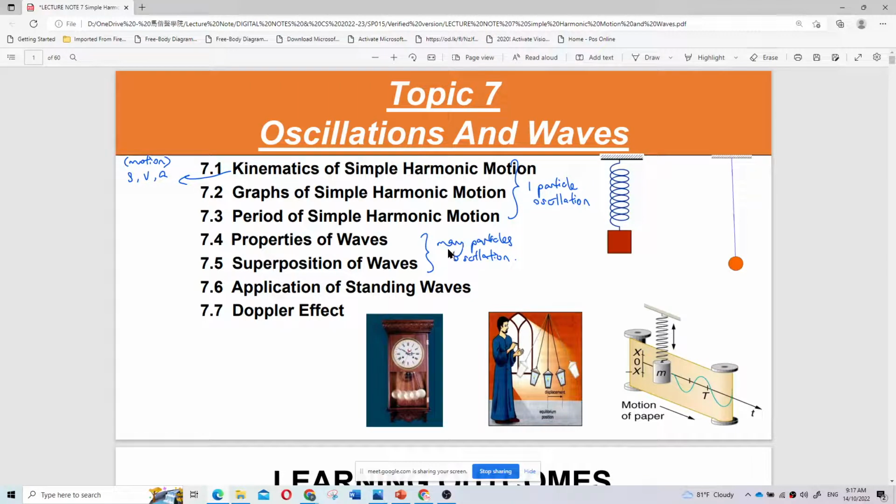So before we learn about many particles, we first learn about one particle oscillation. This one particle can be, for example, the spring mass system, just one block, or the simple pendulum, just one pendulum. So we are going to learn about displacement, velocity, acceleration of this simple harmonic motion, and the graph and the period.